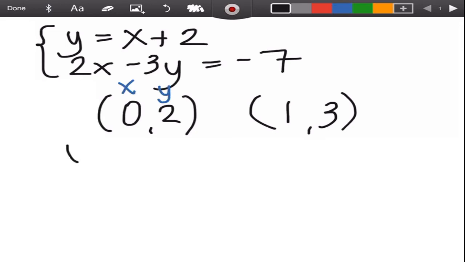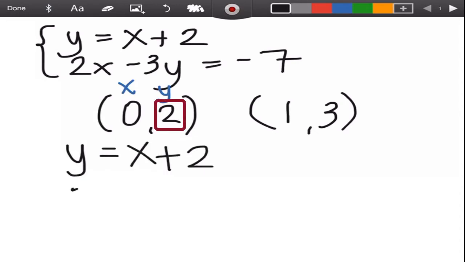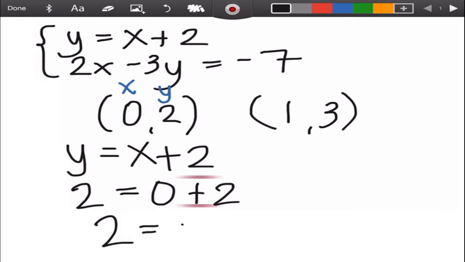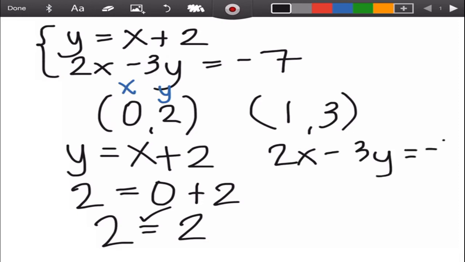So we have y equals x plus 2: y is 2 equals x is 0, copy plus 2, and then simplify. 2 equals 0 plus 2 is 2, so this is correct. Next, we also need to substitute in the second equation. So we have 2x minus 3y equals negative 7.